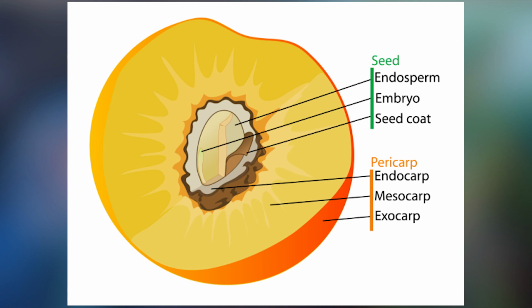A good example of a drupe is a peach. So if you think of a peach, there's the outer sort of skin layer, that's the exocarp. Then the main fleshy bit is the mesocarp. Then there's the pit or the stone in the middle, and that's a hard outer layer of the endocarp, which is, again, all of that is formed from the ovary. Then inside that is the actual seed part, containing the endosperm embryo and then the seed coat.